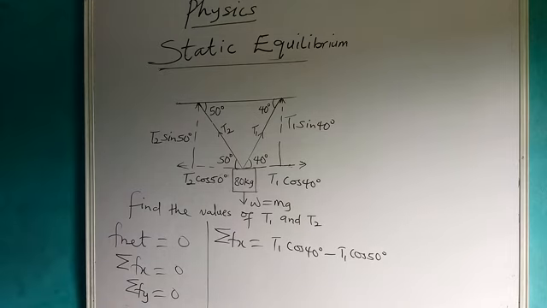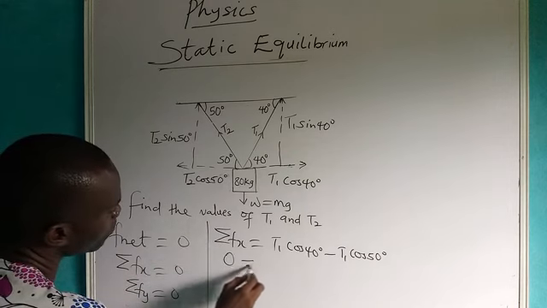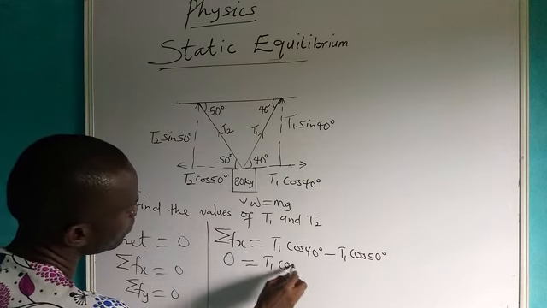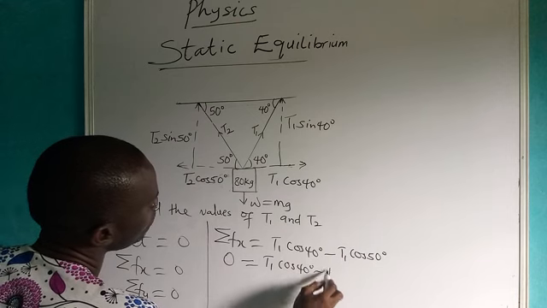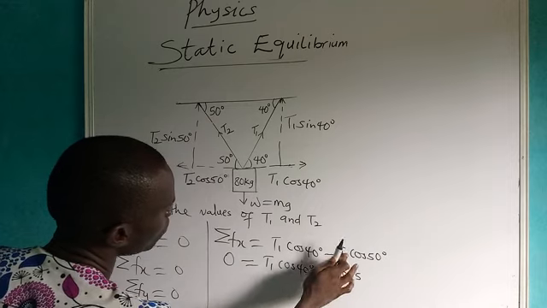Please, you can see that the net force is zero. The sum of the forces in the X direction is zero, so it becomes T1 cos 40 degrees minus T2 cos 50 degrees equals 0. Please take note, this one was T2.